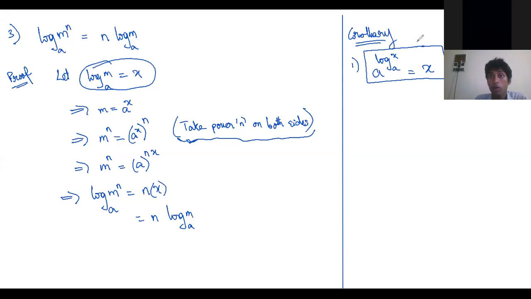This is very, very important. Example, 2 to the power log 6 base 2 is equal to 6.